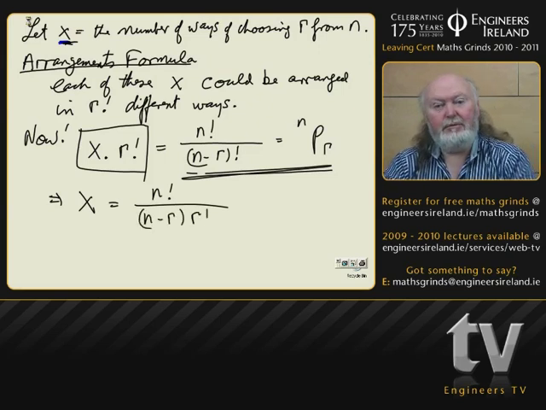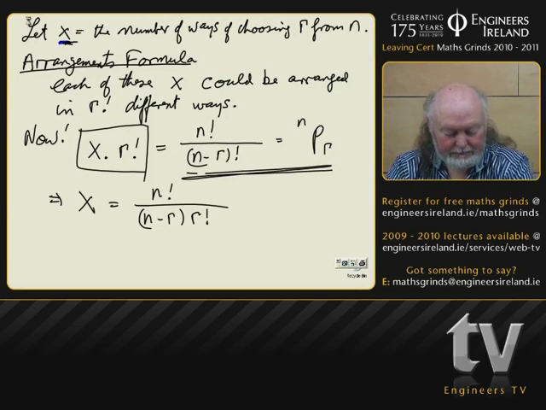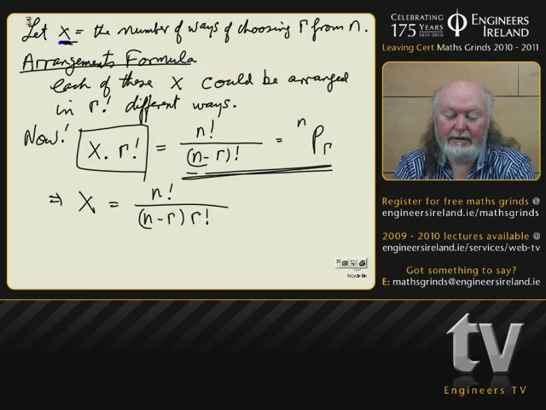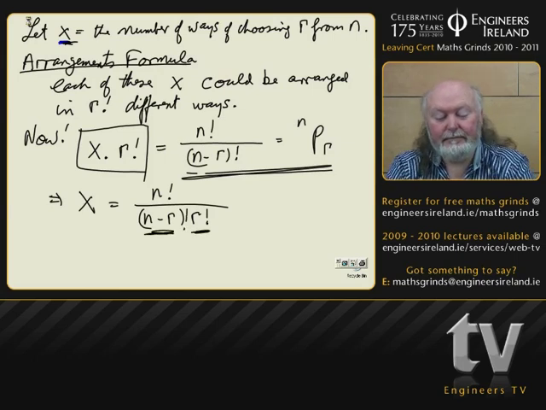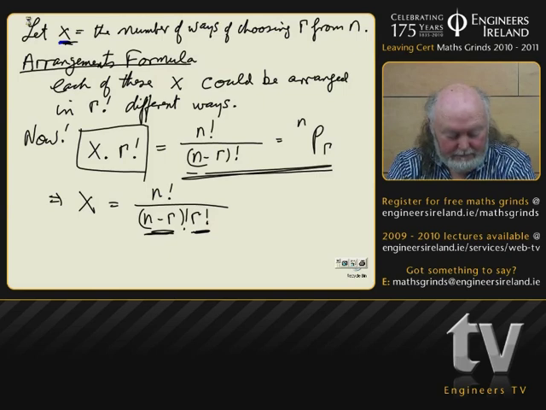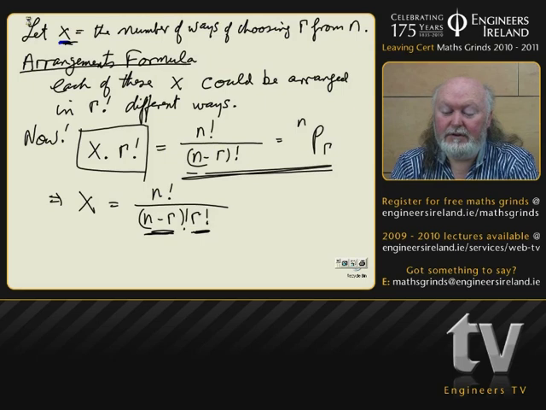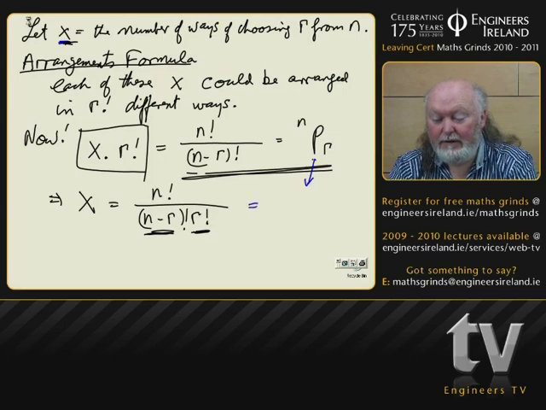And as I've mentioned, I prefer to write it this way, even though the books will normally put that ahead of this guy. This isn't particularly hard. What you can see from this over here is if I bring that down here, I'll say, that's equal to NPR divided by R factorial.